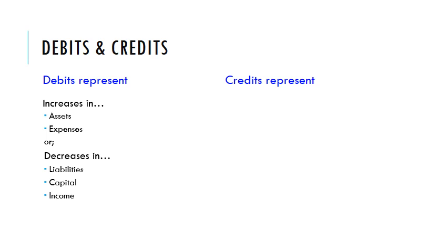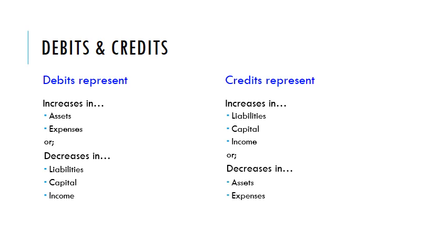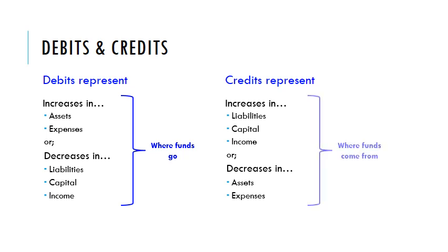Credits are the opposite of debits, so they represent increases in liabilities, capital or income, or decreases in assets or expenses. Another way to think about debits and credits is that debits record where funds of the business go, what happens to them, whereas credits represent where the funds actually come from.